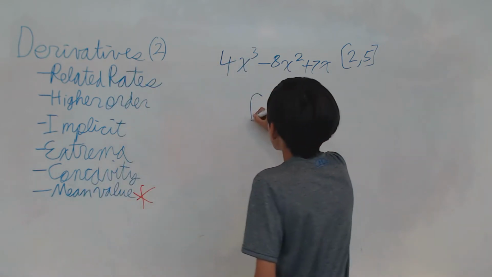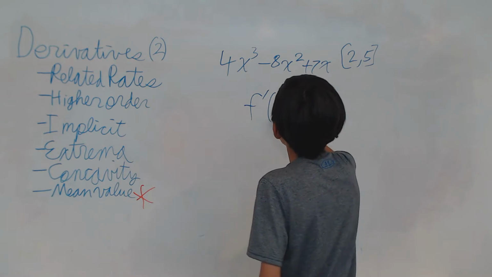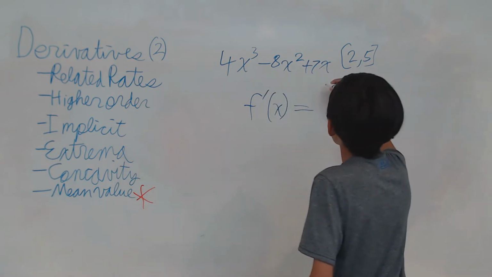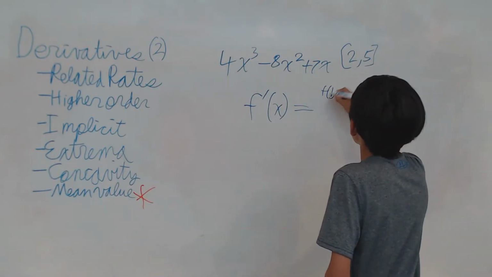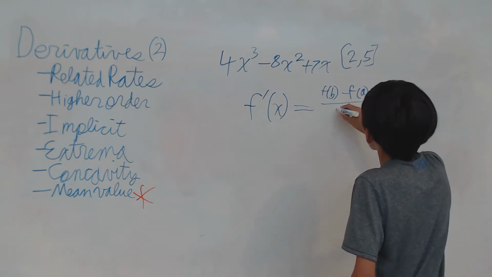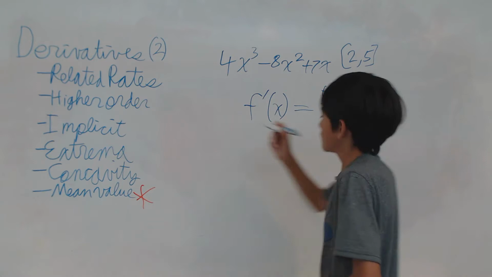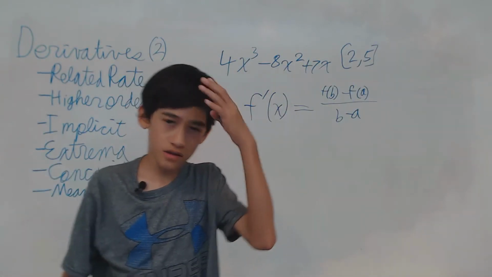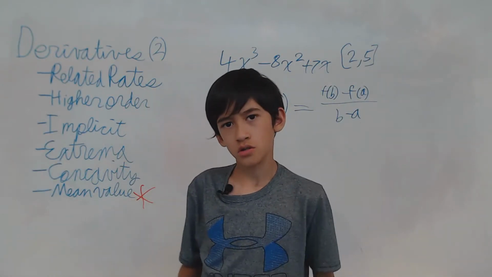Now, we're given that the mean value theorem is f prime of c equals f of b minus f of a all over b minus a. That is the mean value theorem by definition.